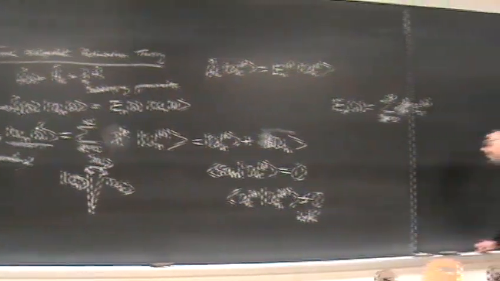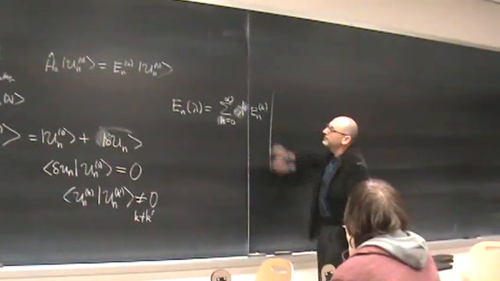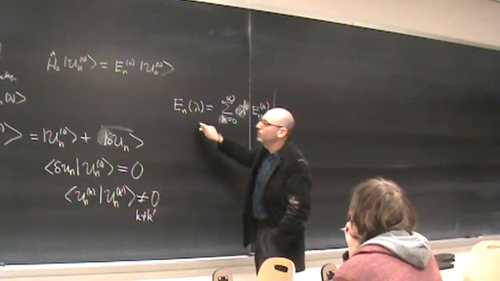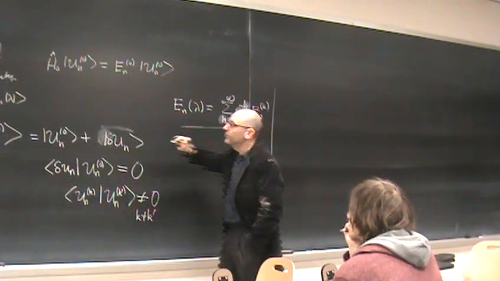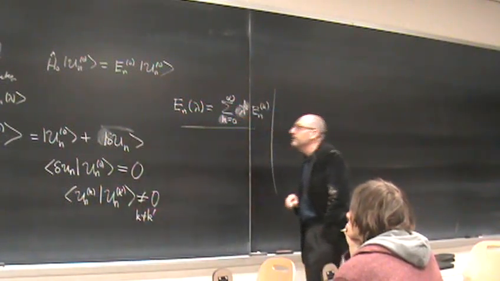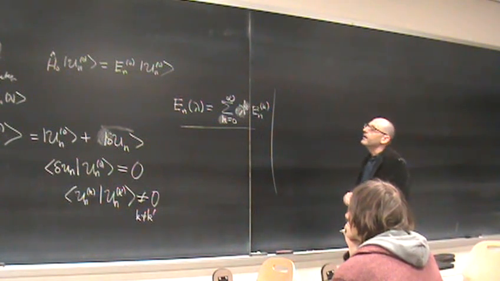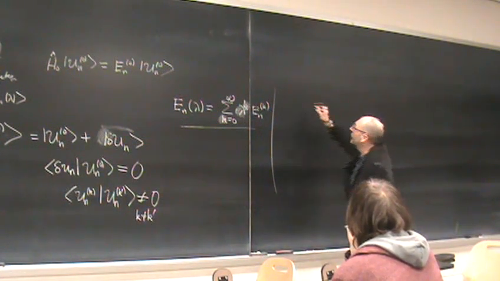All right, so with that said, now what we can do is take these two expansions, these two ansatz for the state and the eigenvalue, and plug them into the Schrödinger equation.